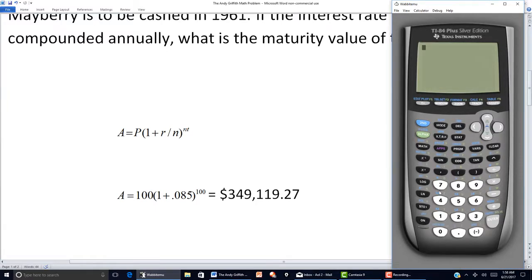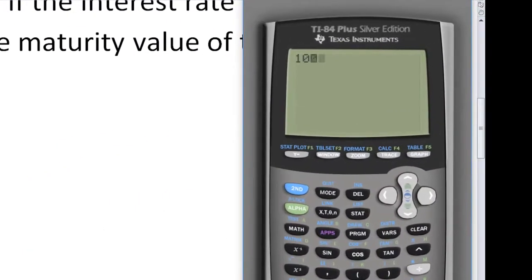So it'd be 100 times, using the formula, parentheses, and then 1 plus 0.085, parentheses, and then taken to the 100th power. Okay, and hit enter, and we get 349,119.27.